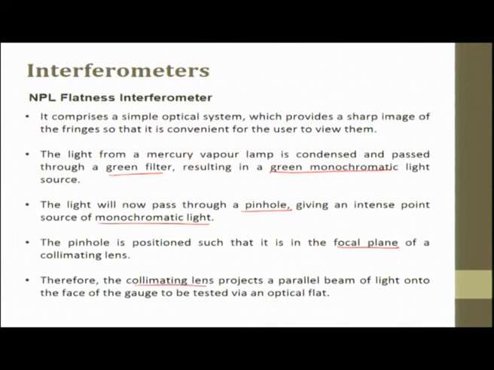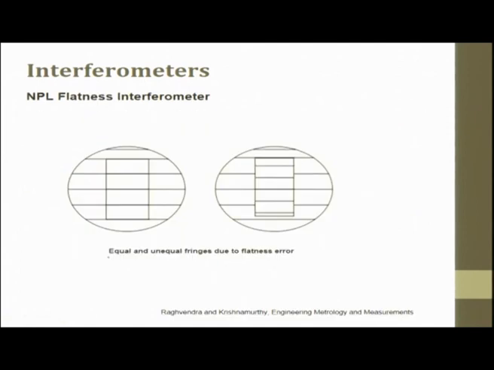Therefore, the lens projects a parallel beam of light onto the face of the gauge to be tested. If the surface is flat, you can see the fringe patterns are continuously the same. If there is a difference in flatness, there is a shift in the fringe patterns. So, these are equal and unequal fringe patterns due to flatness error.